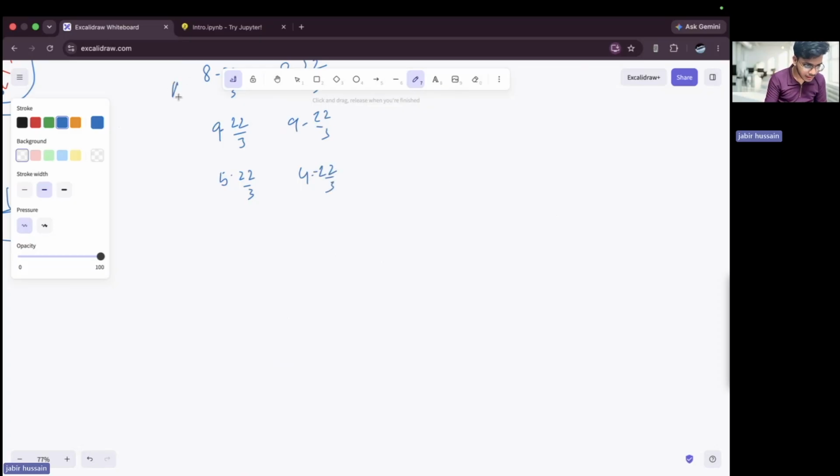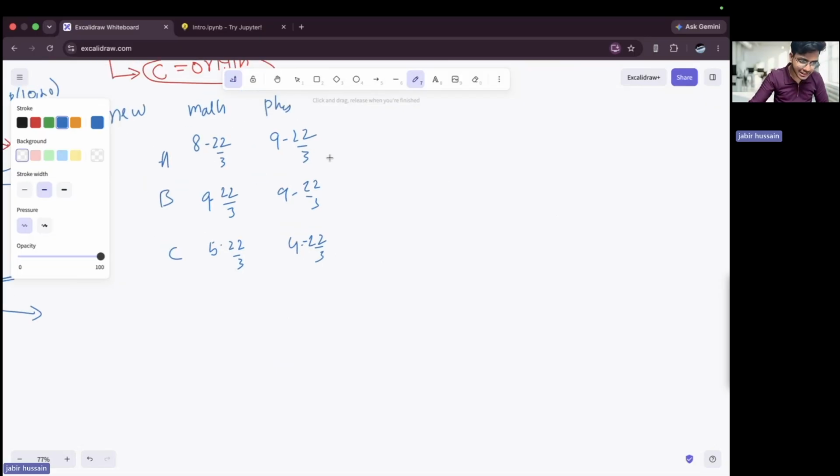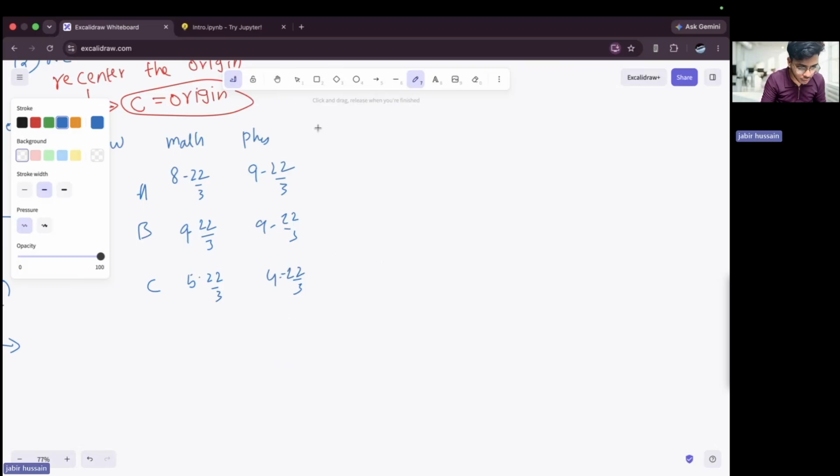So these are the new points of the given data. These points have the same spread and the same shape. The cloud shape will be the same. The only thing is we have recentered. We have taken this data and recentered it to the origin. Now the center is 0 comma 0. If you try to calculate the center of these points, you will get 0 comma 0 as output.